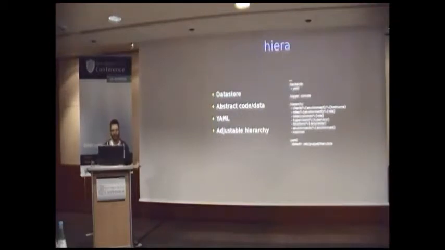Say you have multiple data centers, say you have multiple different roles for machines, you want to expand upon that hierarchy. So on the right, I put the configuration file that we're currently using. You can see it's just calling a YAML backend. There are other backends.